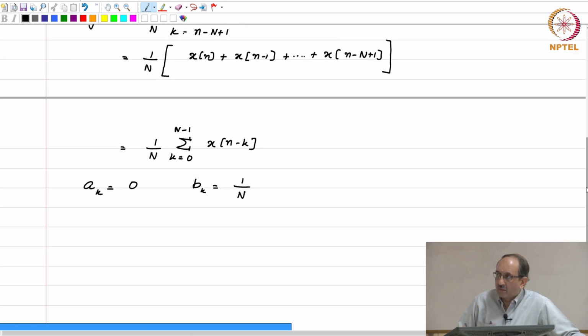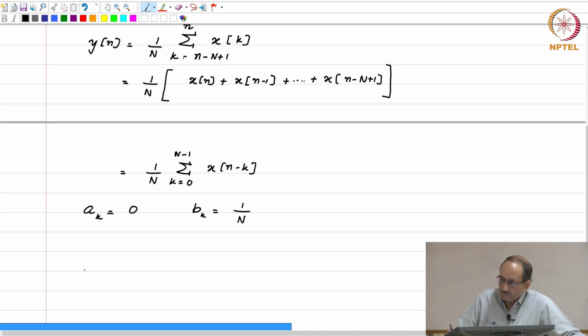Now, let us rewrite this system in a slightly different manner. What is y of n minus 1?